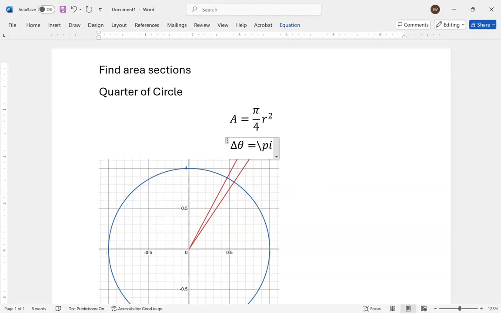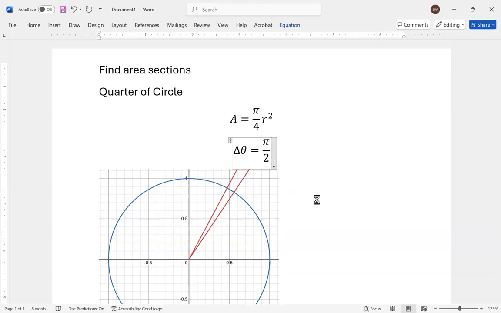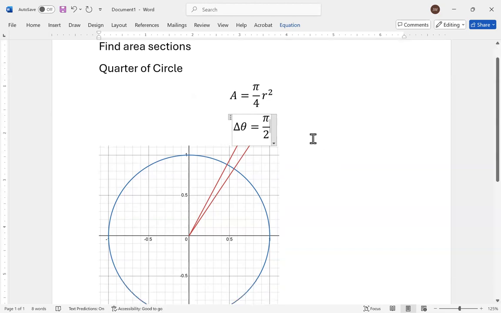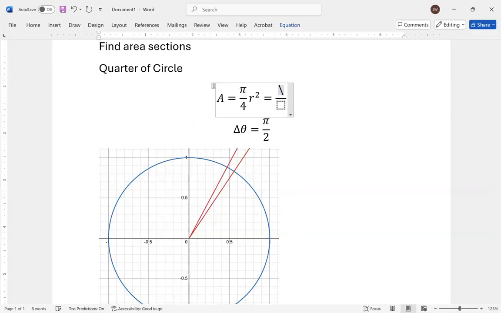So it would be pi over 2 minus 0, which is just pi over 2. So the area of a quarter of a circle is the same thing as our change in theta, that's pi over 2, divided by an extra 2, and then multiplied times r squared. Now think about if you had an eighth of a circle.